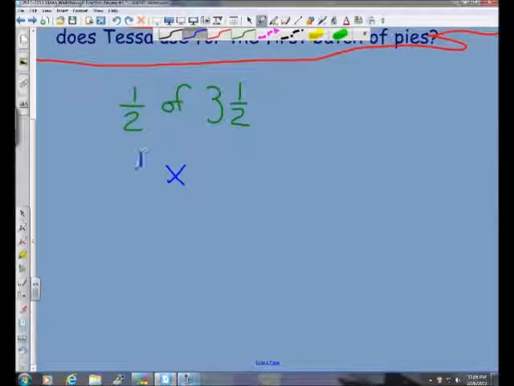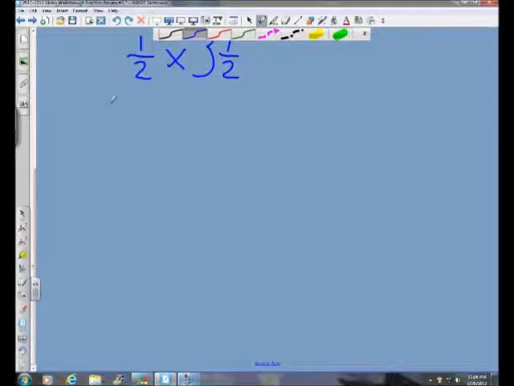So we've got 1/2 times 3 1/2. So how are we going to multiply this fraction by the mixed number? Well, I think we're going to stick with the array method for this one. So let's check it out here before we do that traditional method. We'll take a look. We'll draw some pies here.